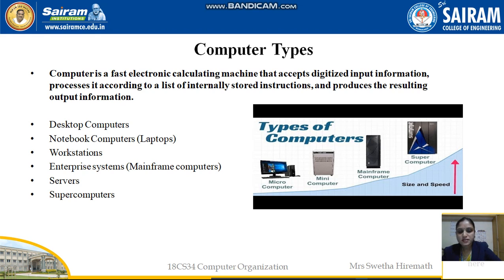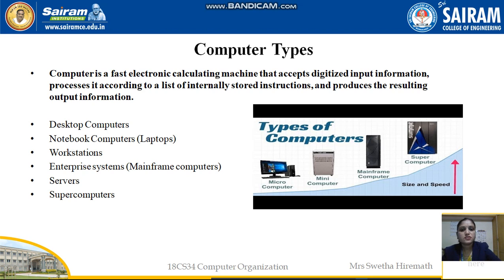Then the computer understands its language, computer languages, and according to that it will convert the given data into zeros and ones, that is binary, and it will execute the instructions, and it will give the output as the addition of two numbers. So first we'll see what actually is a computer.